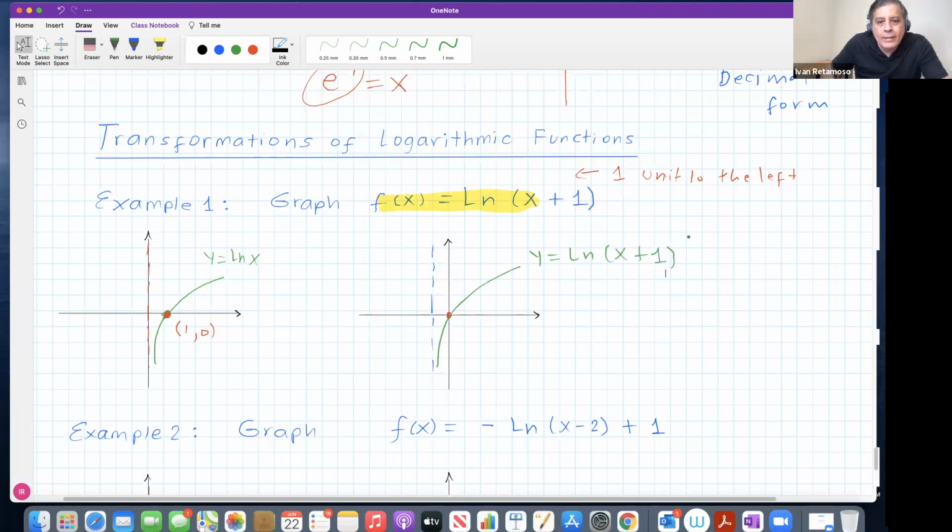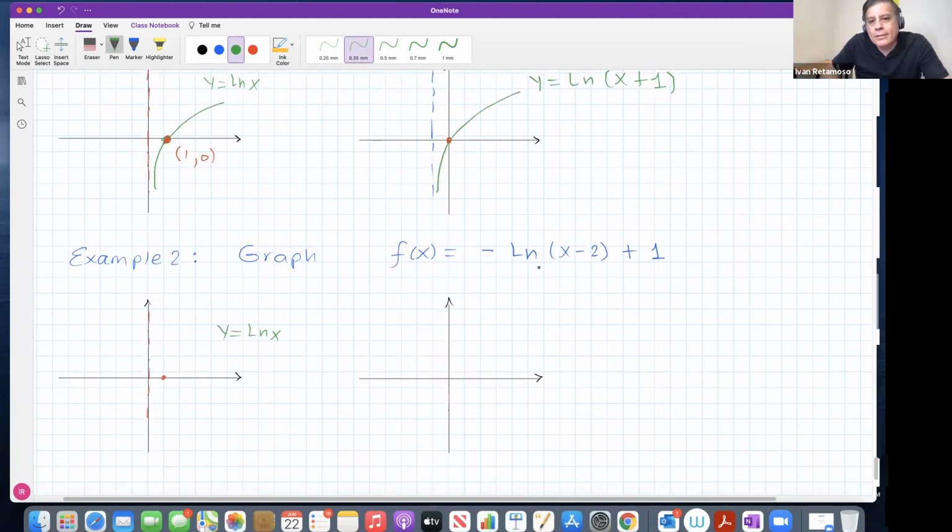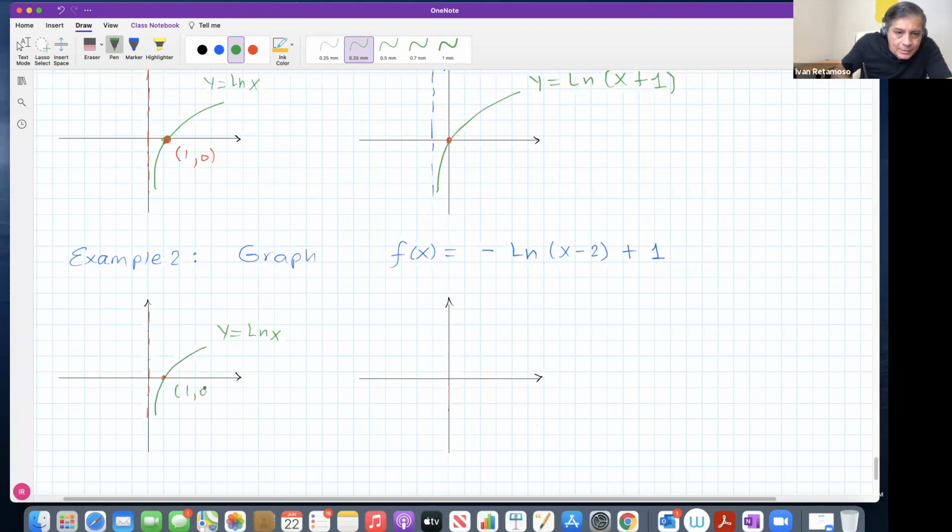Okay. Here's another example, minus natural log of x minus 2 plus 1. This negative in front of natural log means that you have to apply a reflection. This means 2 units to the right, and this 1 unit up, right? So start with something that you know, remember this guy, 1, 0 here. This point, when you reflect it, will stay there.